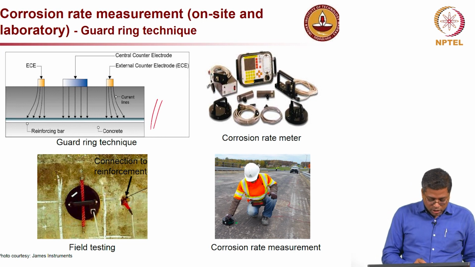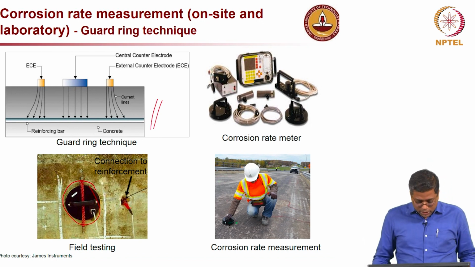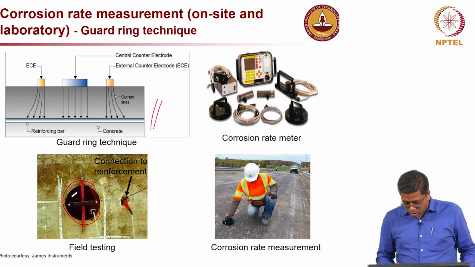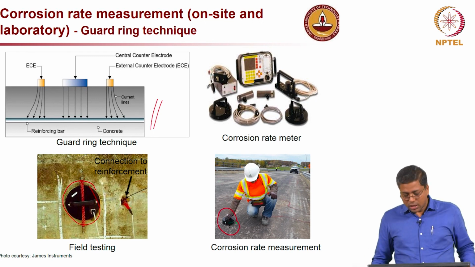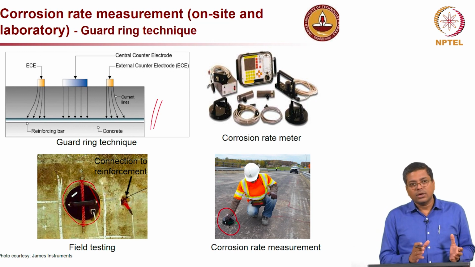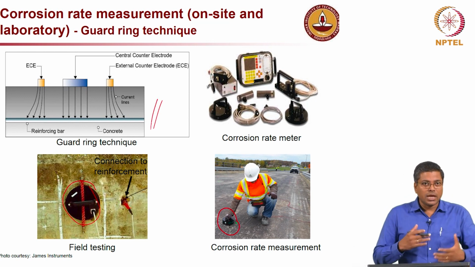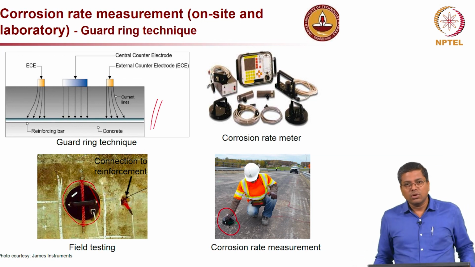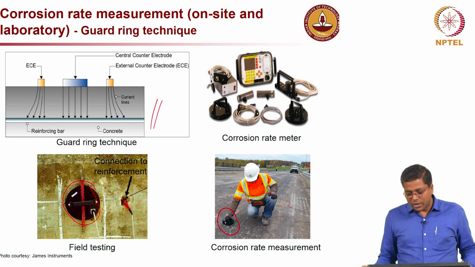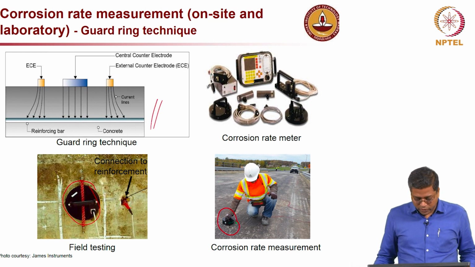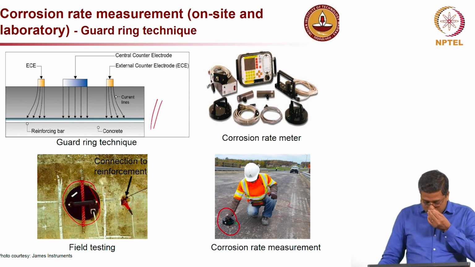As you see in the bottom picture, there is a circular electrode, and the person on the bottom right is placing a similar electrode on the road surface and then taking the measurement. Instruments with direct contact are available, and also non-contact instruments, but you have to look at the reliability of these different instruments based on some pilot studies.